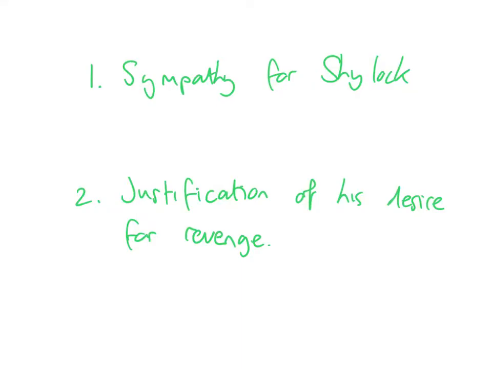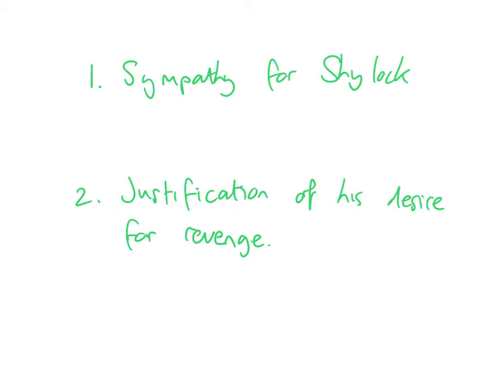And there are probably 2 things that you can say about this passage as a whole. Number 1, it increases our sympathy for Shylock, as we saw, for example, in the use of emotive language, in which he discusses the abuse he's received from Antonio and the Christians. The second part, however, is how he justifies his desire for revenge.